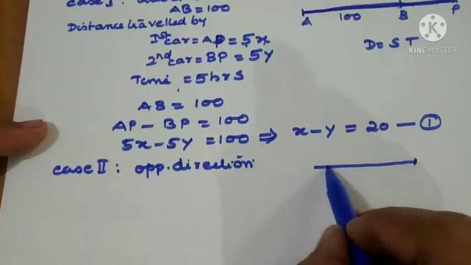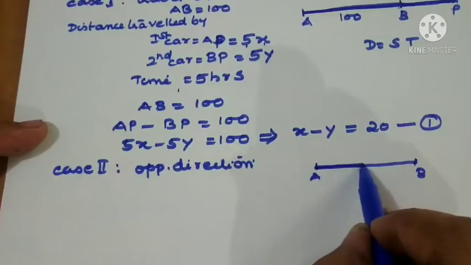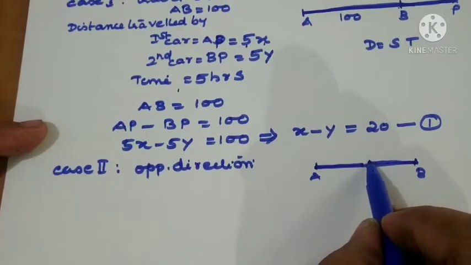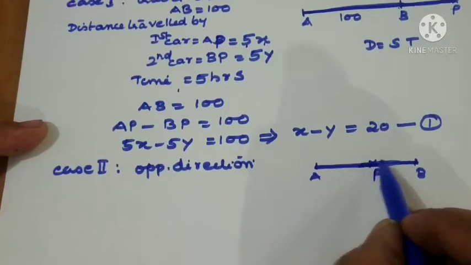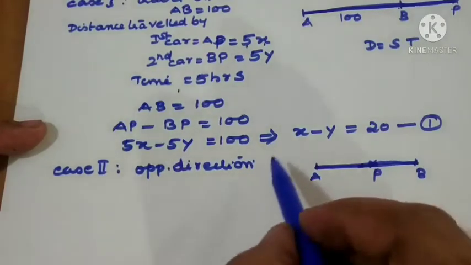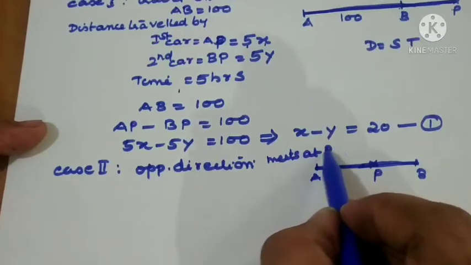A and B, they start at A and B and travel in opposite directions. So A travels here, B is this side, and somewhere here they are meeting at P. Again we will write here: travel in the opposite direction, meets at P.